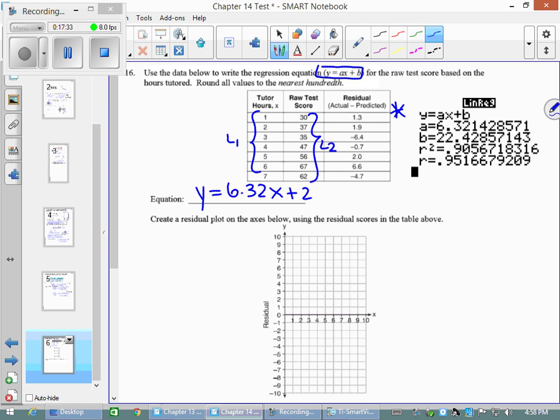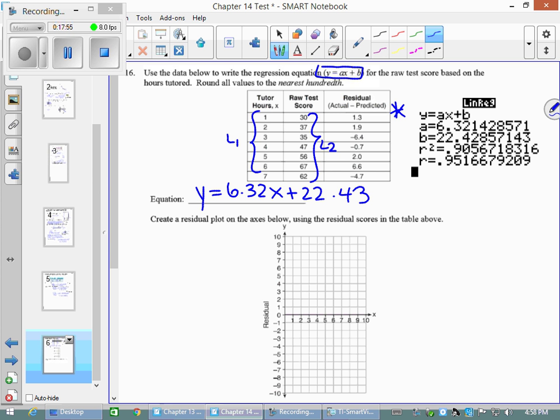Then we are asked to create a residual plot. Well, the nice thing is that they gave me all the residuals already, so I don't have to actually take my values and do actual minus predicted. That was done for me. And my residual graph was already given to me with intervals. So all I need to do now is take my total hours, comma, my residual, and plot that. So I'm plotting 1, 1.3.